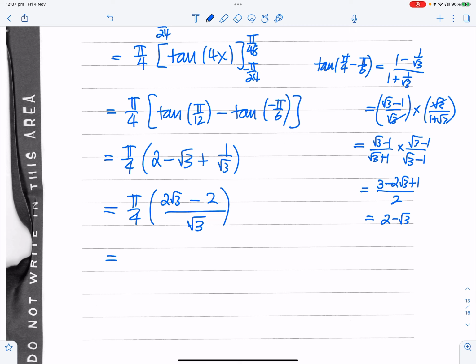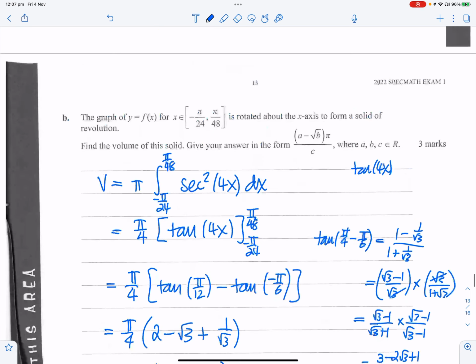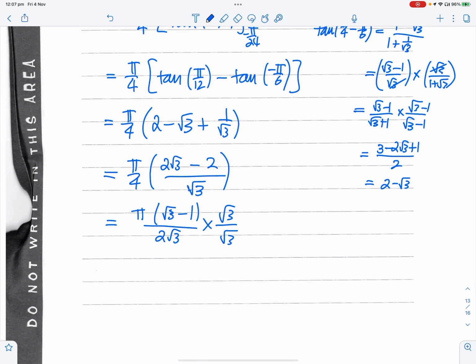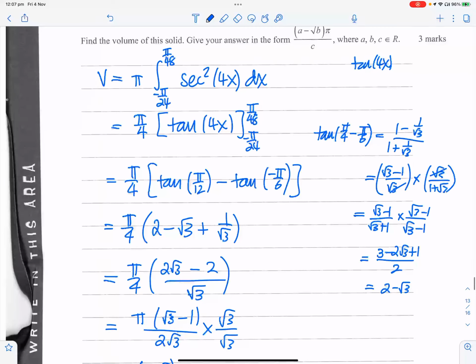So we get pi root 3 minus 1 on 2 root 3. Multiply it by root 3 over root 3. We're going to get a 6 on the bottom, and on top we're going to get 3 minus root 3, times pi.